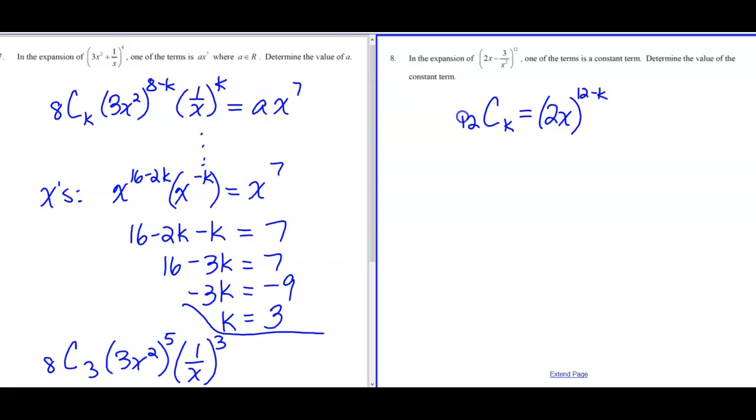Oh, I shouldn't have an equal, sorry, not yet. And I'm going to change this x squared in the denominator to x to the negative 2. And then that's going to be to the k, and we want this to be some coefficient x to the 0.